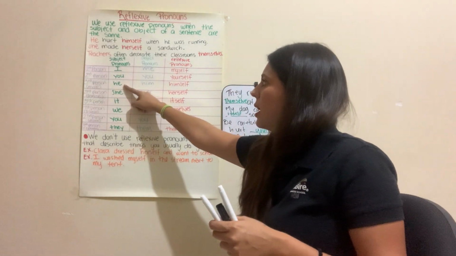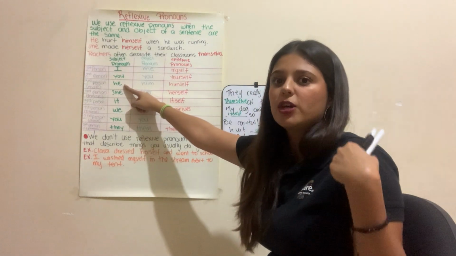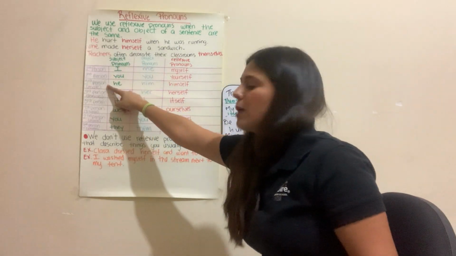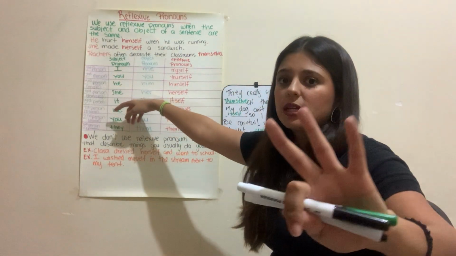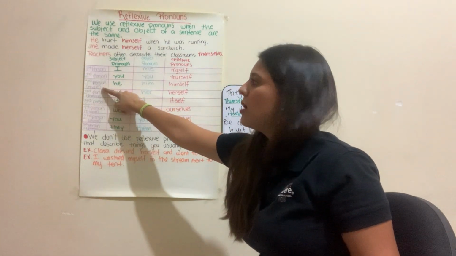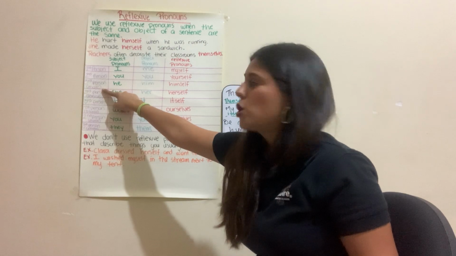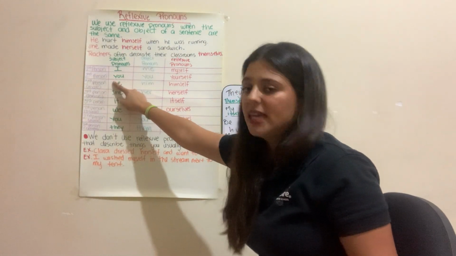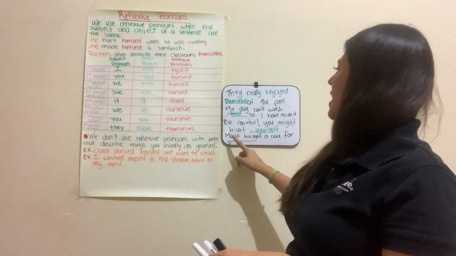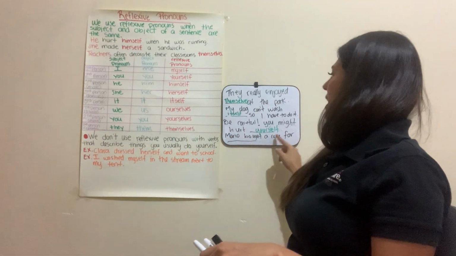So it would be he. Now, you're not talking about yourself. You're not talking about someone else. You're talking in third person, and Mario is a male, okay? So Mario would be a he, okay? So instead of saying Mario, I can also say he bought a cake for.